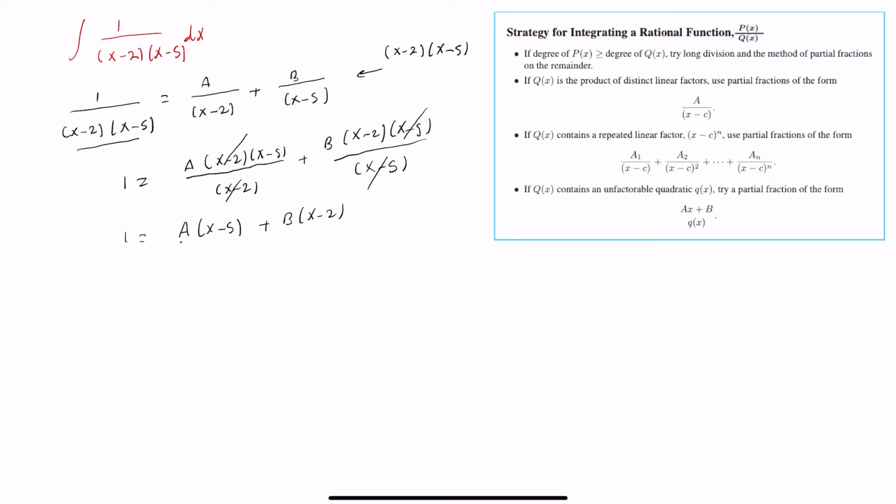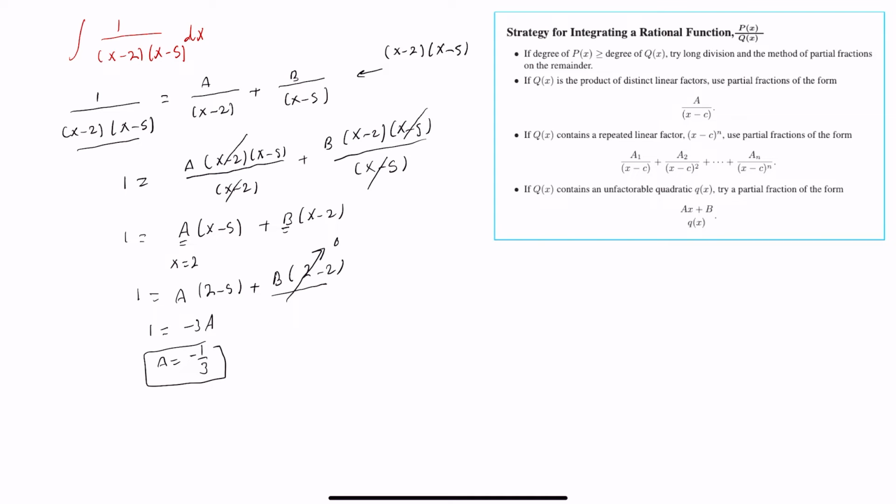Again, we want to solve for A and B. To solve for A, I'm going to set x equal to 2. So we have 1 equals A times (2 minus 5), plus B times (2 minus 2). Notice that this term is 0 since 2 minus 2 is 0. So 1 equals 2 minus 5, which is minus 3A. Solving, A is minus 1 over 3.